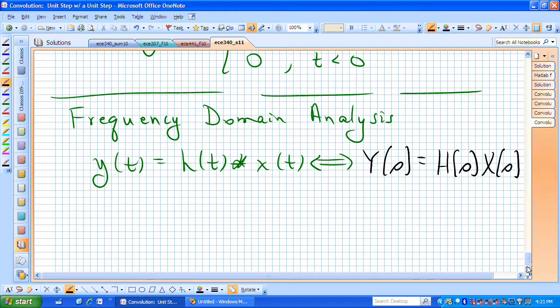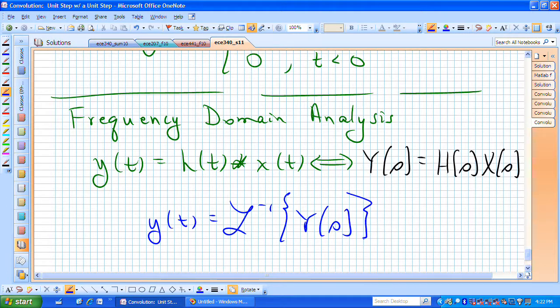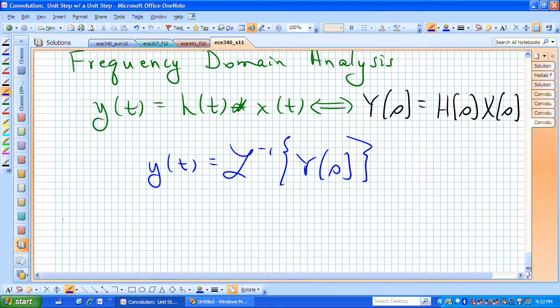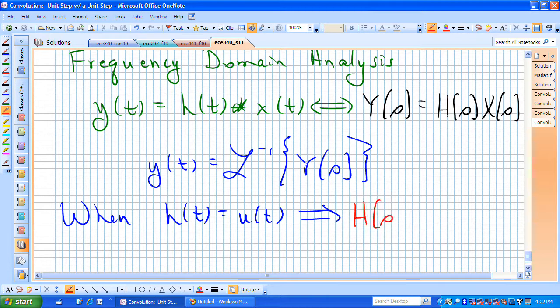If we find capital Y of s, then we can obtain the time domain result by simply inverse Laplace transforming the Laplace transform of our output. What we want to do then is look at this when h of t is the unit step. If that's the case, then the Laplace transform of u of t becomes 1 over s, and you can think of this 1 over s as a system.